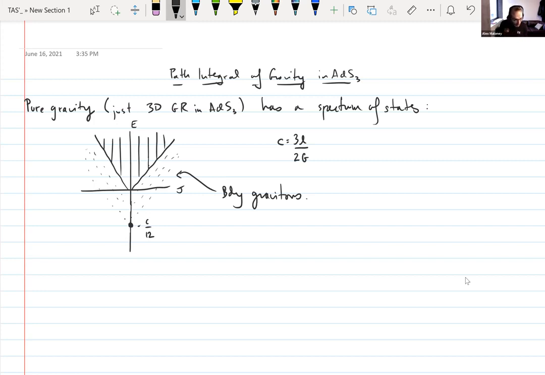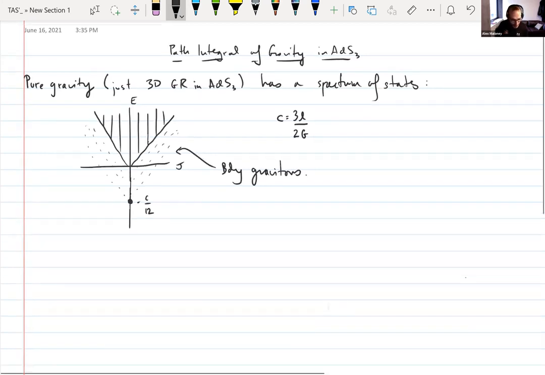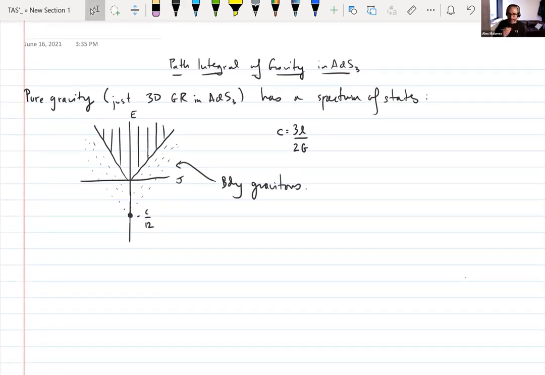And this is just, if you like, the classical or the semi-classical spectrum of gravity in AdS3, up to some small subtlety that was asked about a minute ago that I'm just going to ignore for the present. But let's ask what would happen if we try and construct a fully quantum theory of gravity.